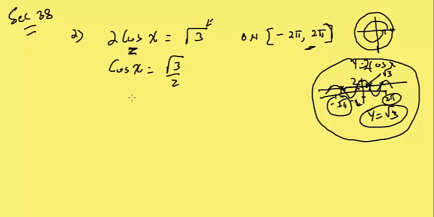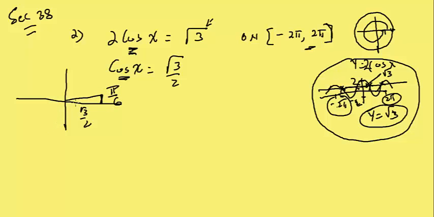Now I have to ask myself: where is cosine equal to rad 3 over 2 on the unit circle? Well, on the unit circle, it's equal to rad 3 over 2 here, because that's positive rad 3 over 2, and that's my pi over 6.